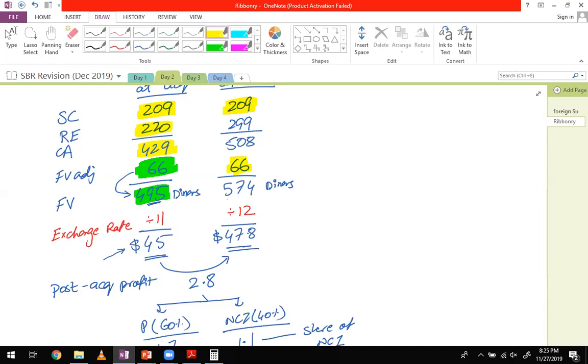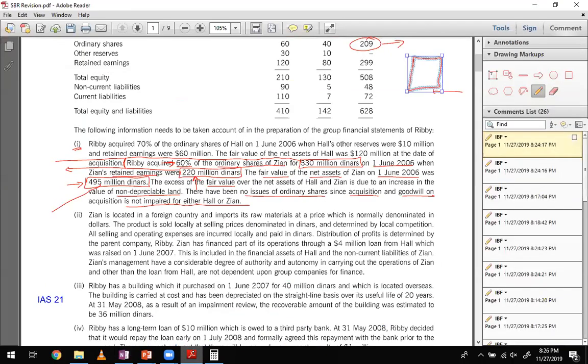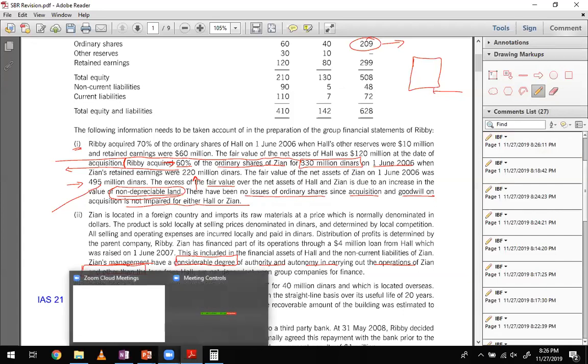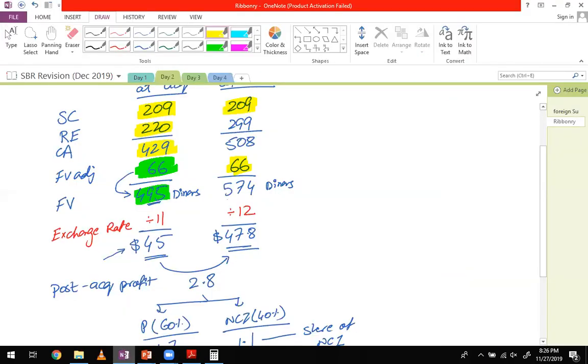Harun is saying, please correct me if I'm wrong, 66 was not calculated for at acquisition. That is why it is transferred to get the net assets at the year end. No, Harun. 66 is what we got at acquisition. And because it was a non-depreciable land, without depreciating, we used the same 66 in the balance sheet date as well.